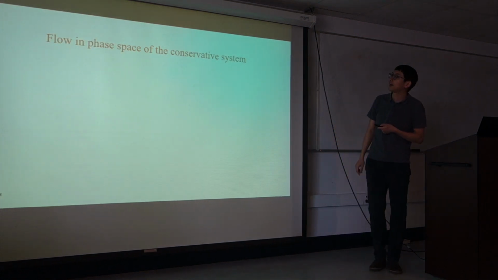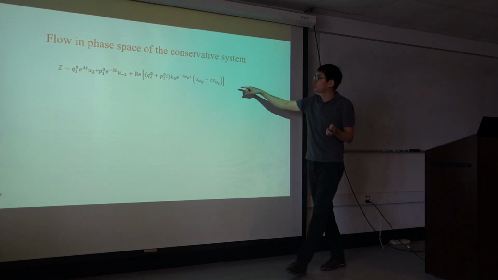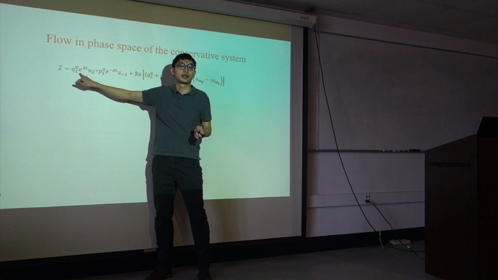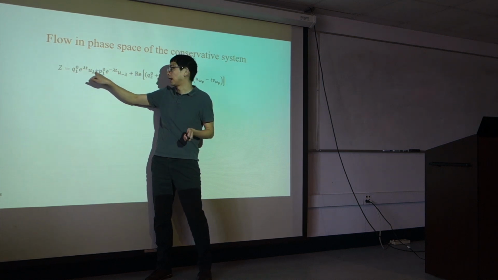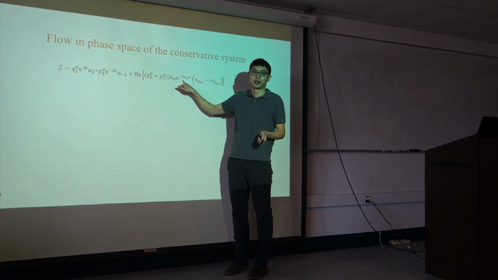Then I discuss the flow in phase space of the conservative system. Because I first studied the linearized dynamics, I can obtain the analytical solutions. Here is the solution for the conservative system. The first term is the unstable term, and this term is the stable term. This is the harmonic oscillation term.